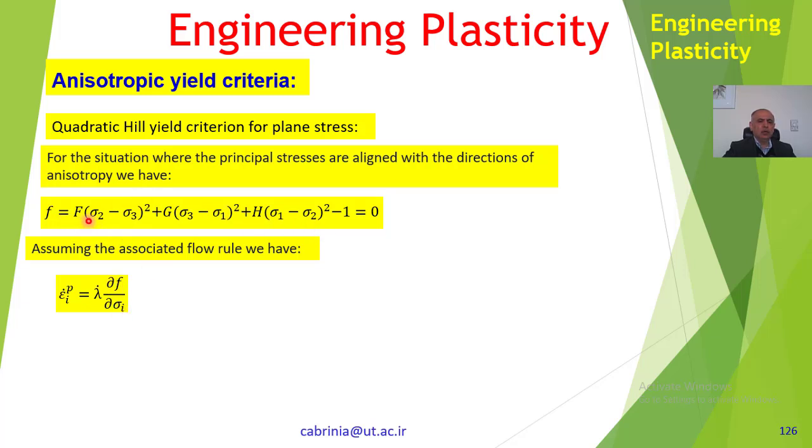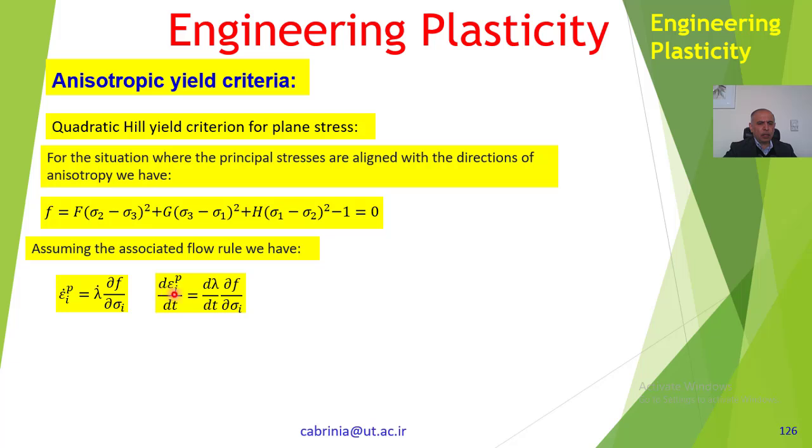Now we used this before for the isotropic yield function, but we can similarly use it for the anisotropic yield function, because for any yield function this is true for associated flow. We can write this in this form because this is the rate form of the strain.